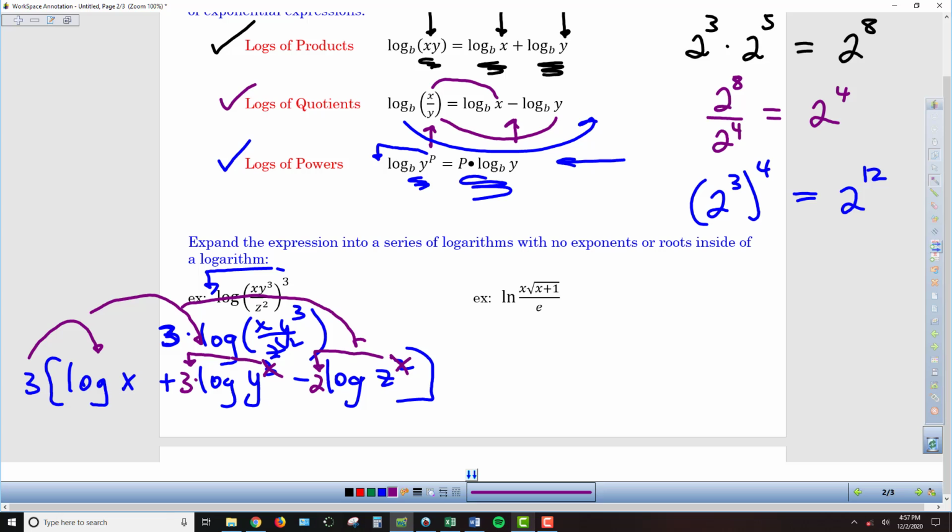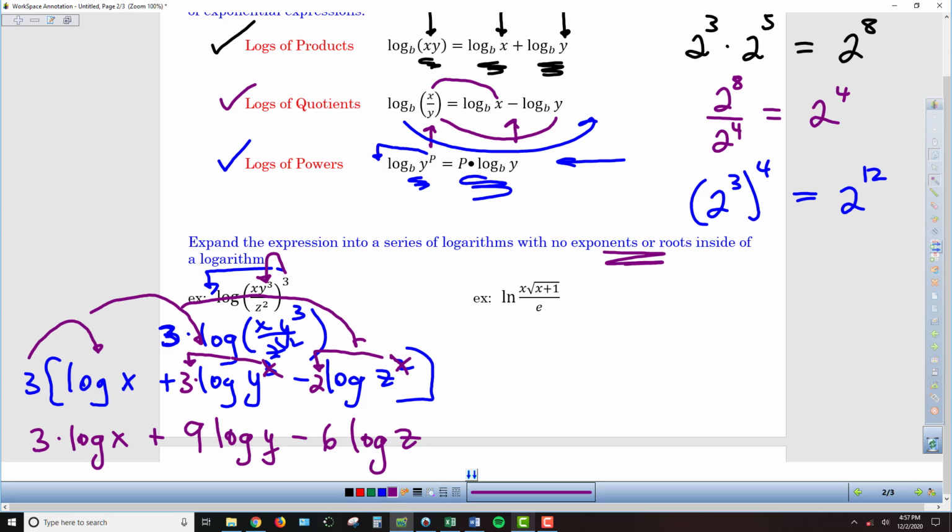And so my final expanded logarithmic expression with no exponents or roots inside of my logarithm is going to be 3 times the log of x plus 9 times the log of y minus 6 times the log of z. And if we go back to what I said at the beginning that I did not do, I did not apply this cube exponent to everything inside of the parentheses like I could have.